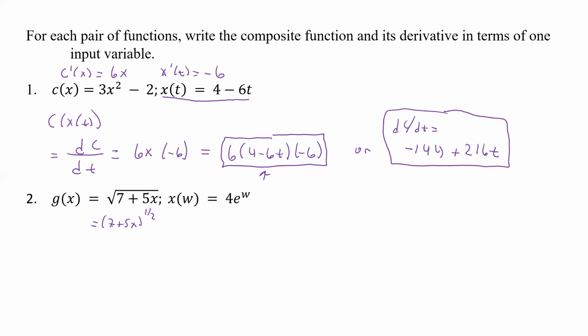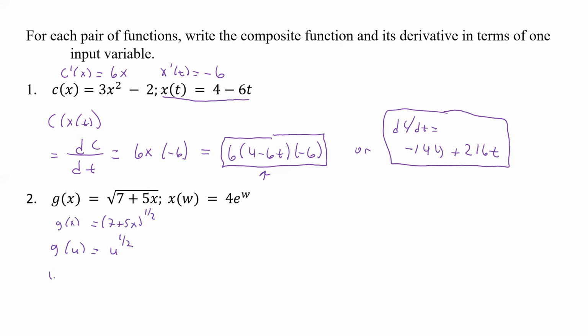With this, we can't really just say that whole thing is B. Instead, we're not going to call it B, we're going to call it U. We're going to call this g of u, which is equal to u to the 1 half. And how do we get that?